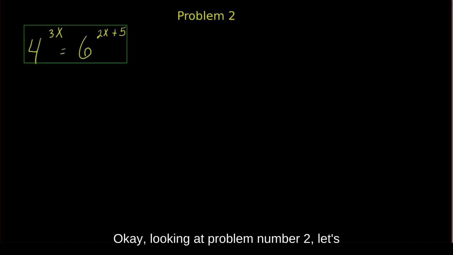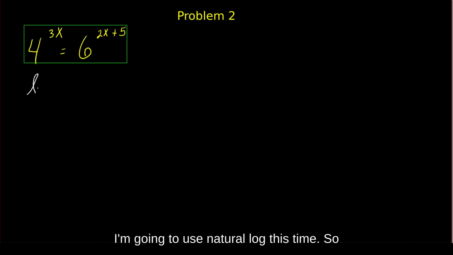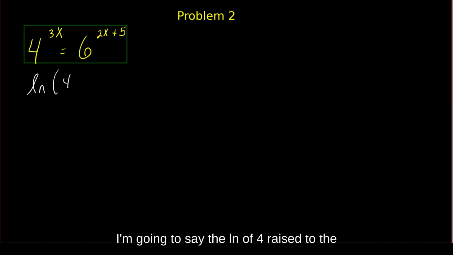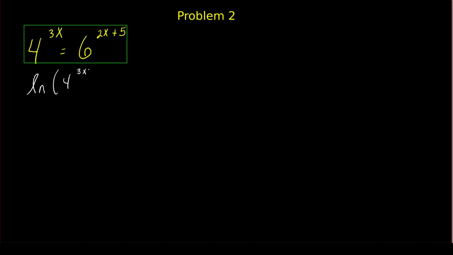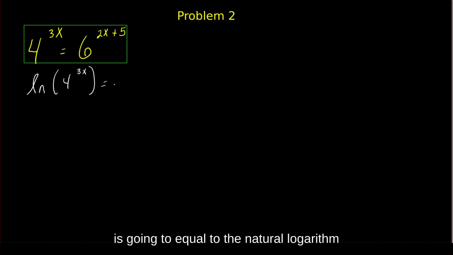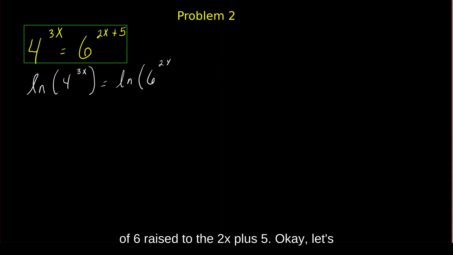Okay, looking at problem number 2, let's go ahead and take the log of both sides. So I'm going to use natural log this time. So I'm going to say the ln of 4 raised to the 3x is going to equal the natural logarithm of 6 raised to the 2x plus 5.